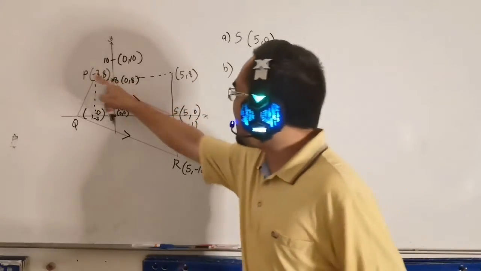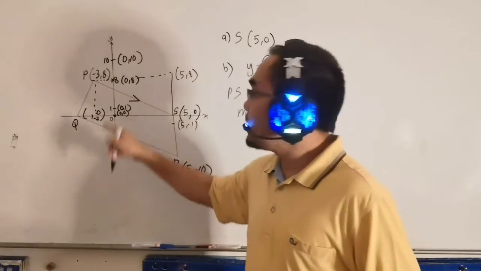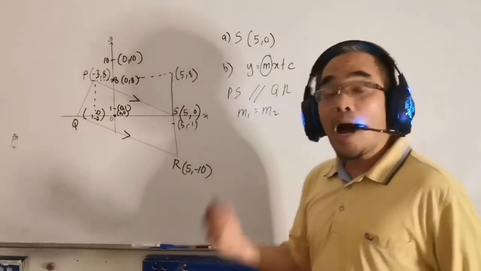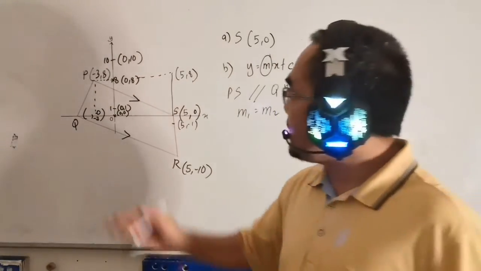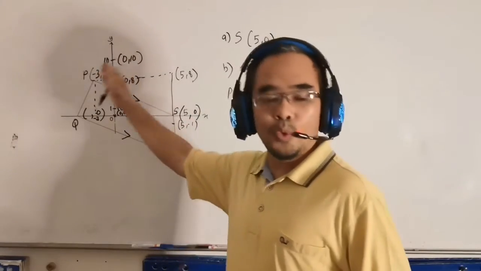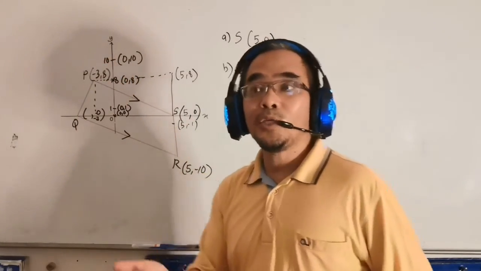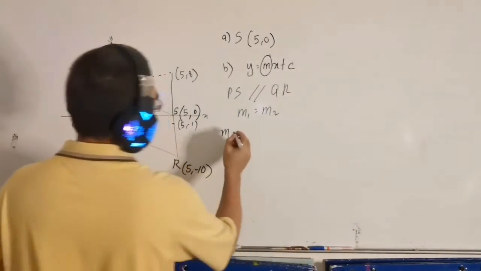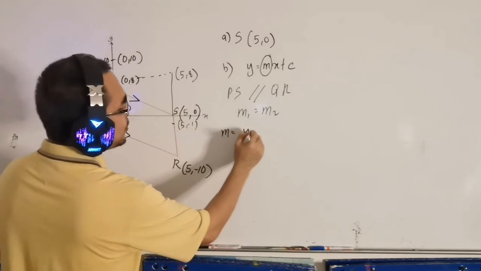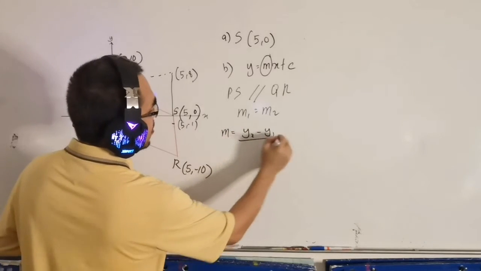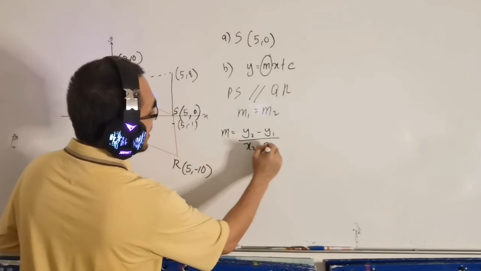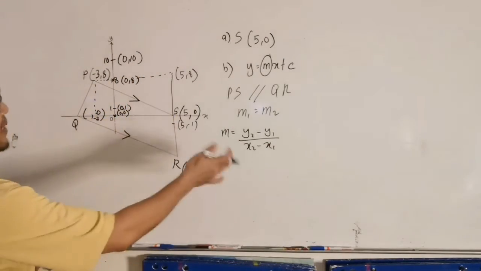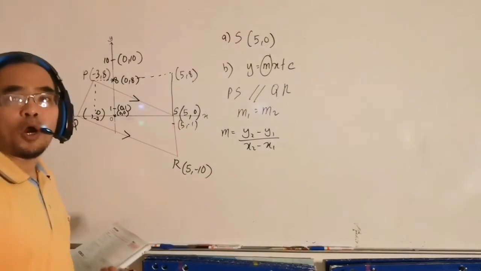So look at PS. We have the coordinate of P and the coordinate of S. How to find the gradient if you are given two coordinates? Using the formula m is y2 minus y1 over x2 minus x1. Which one is x1 or x2 is not a problem.